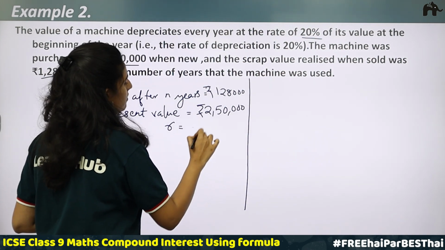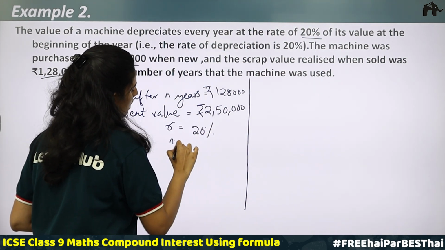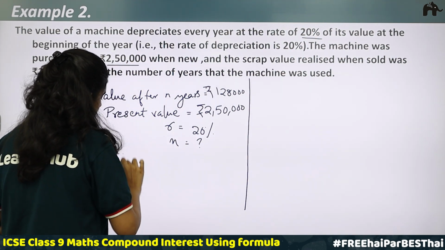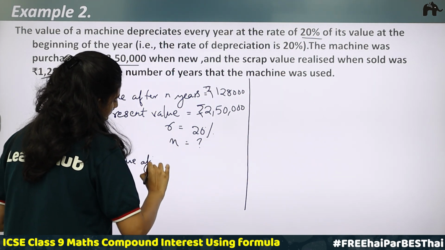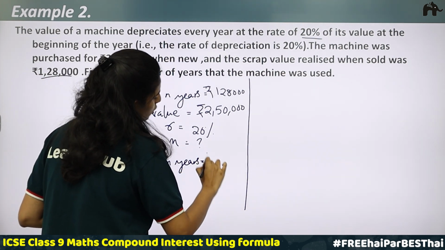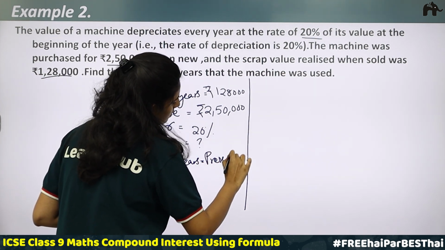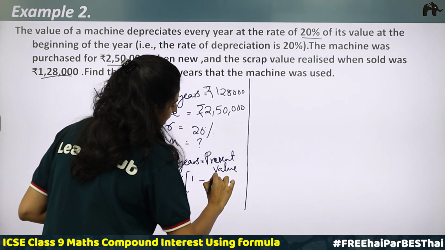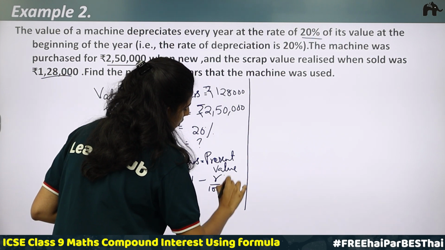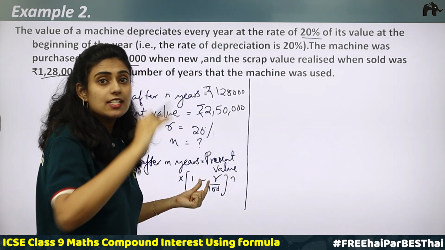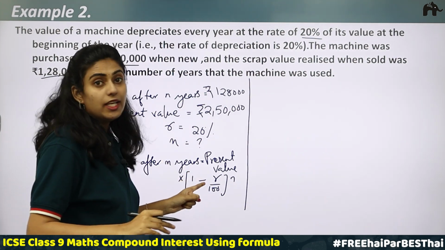Rate percentage is given, 20%. We need to find the number of years. Value after n years is equal to present value into 1 minus r by 100 whole raised to n. Why do we use this negative sign? Because here there is a decrease. So the positive sign will be a negative sign.